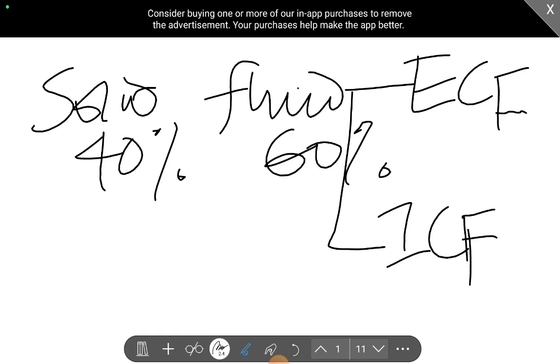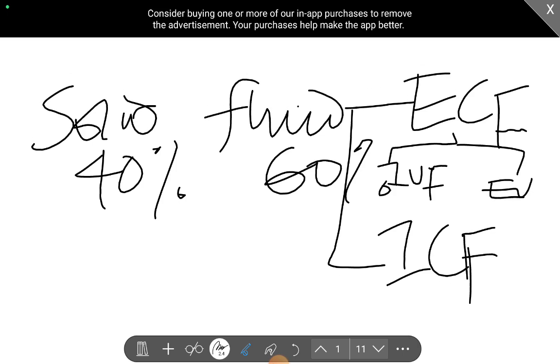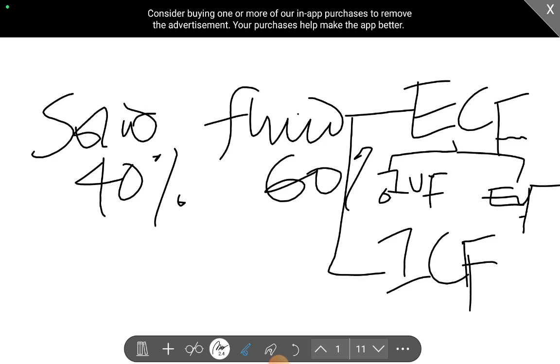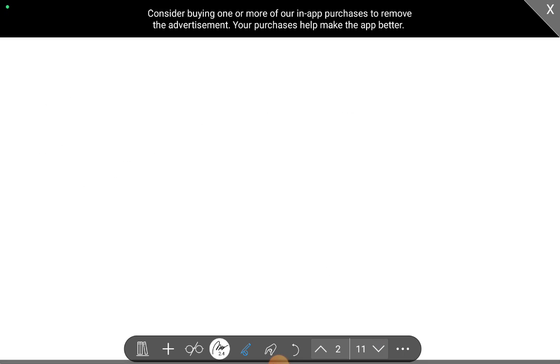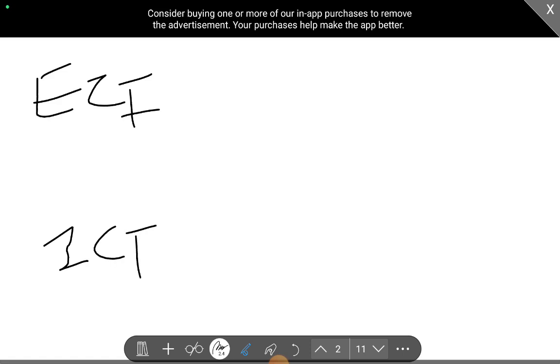The extracellular fluid is further classified into intravascular fluid and extravascular fluid. So let's open a fresh page and see this properly. I said that the fluid component is either ECF, extracellular fluid, or intracellular fluid.